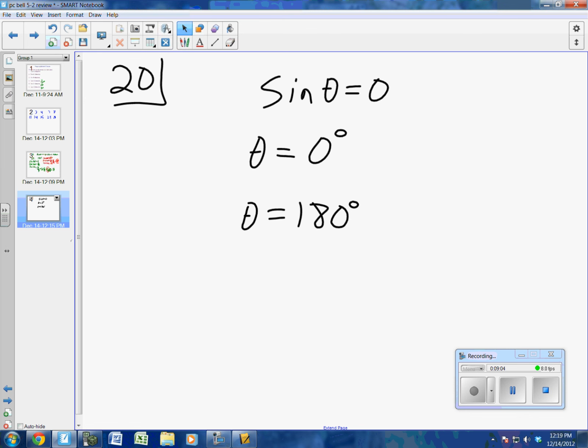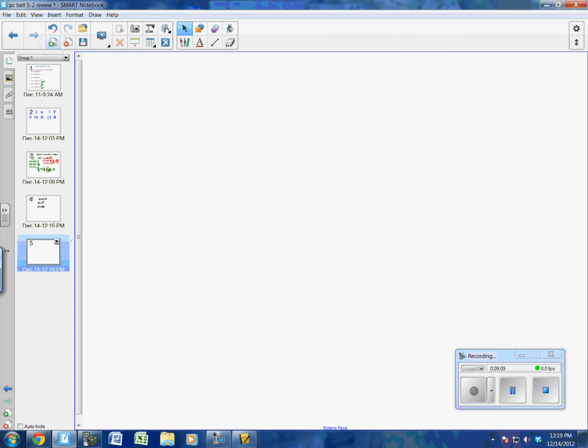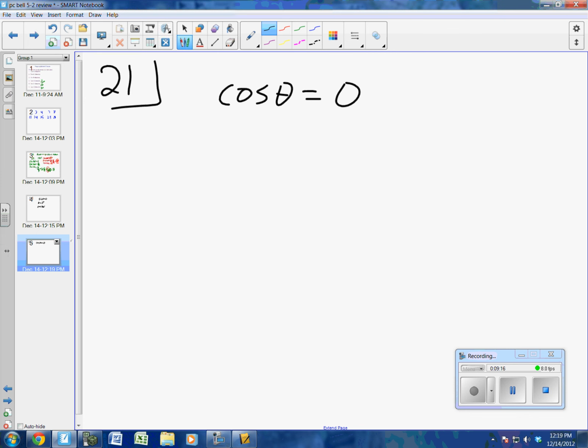If cosine of theta equals 0, what is secant of theta? Is that what it's asking? Okay. If cosine is equal to 0, well, the only way that's going to happen is when the x, because cosine is defined to be the x coordinate, right?